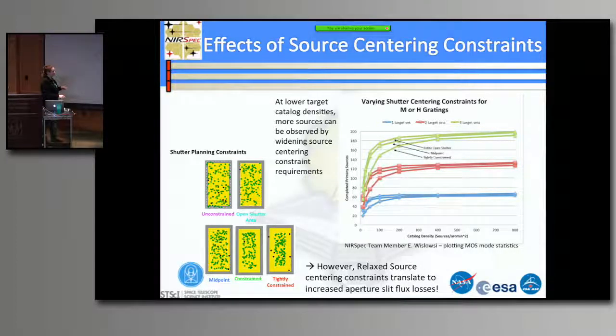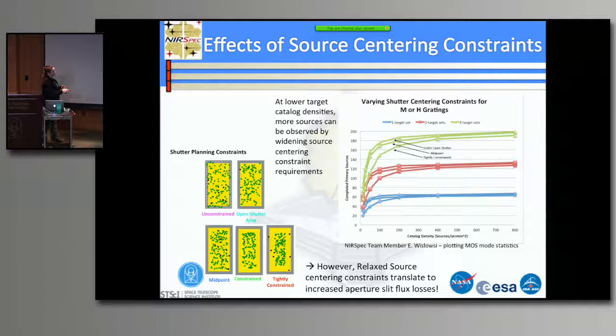If you have a low source density, you'll get maybe about a 20% improvement in multiplexing going from tightly constrained to open shutter area. In 2 configurations, you can gain about 20% of the sources.